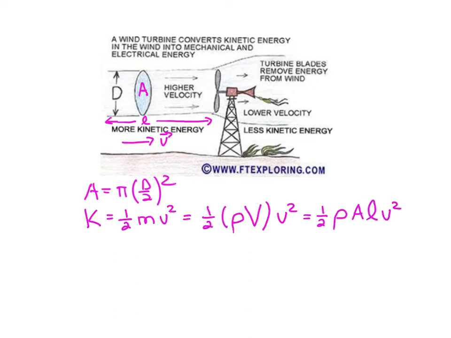times v squared. And then let's ask how much kinetic energy is contained in the air that passes by the turbine during some fixed amount of time, delta t.